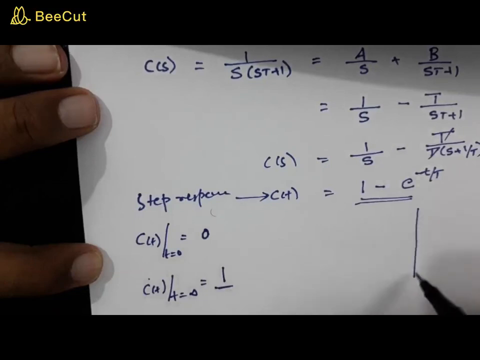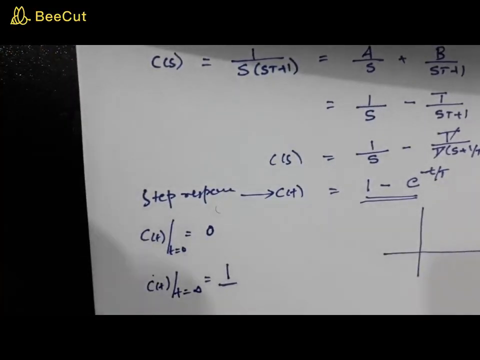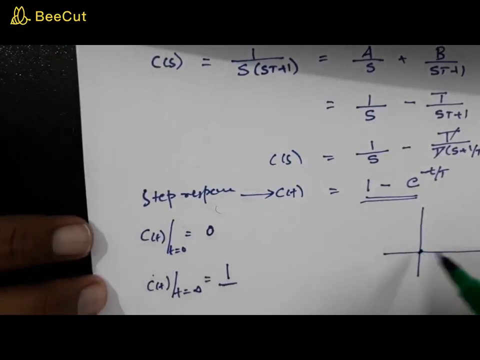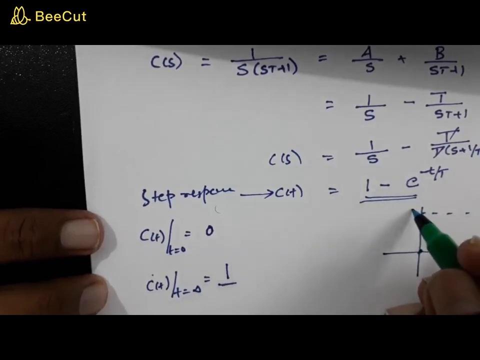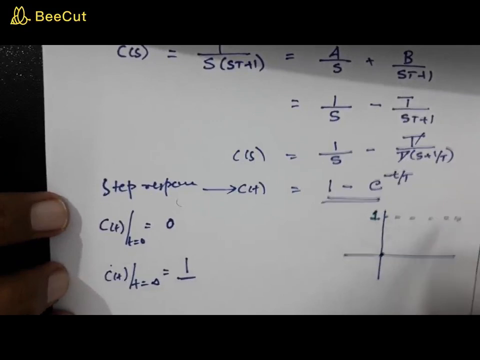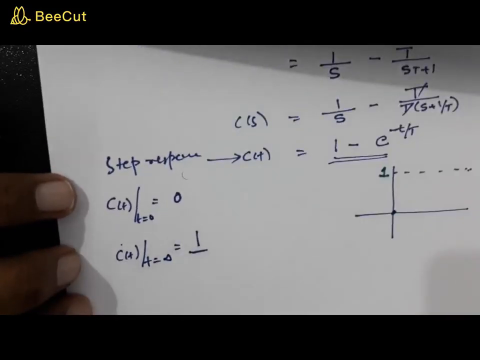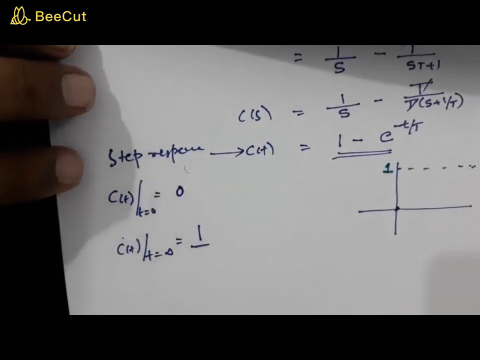So you can come to a conclusion that you can draw the graph as, so it starts with 0, right? And okay, so it will be reaching its highest value 1 only at t is equal to infinity. So you need to find out some other values in between. So how will you find out that value?